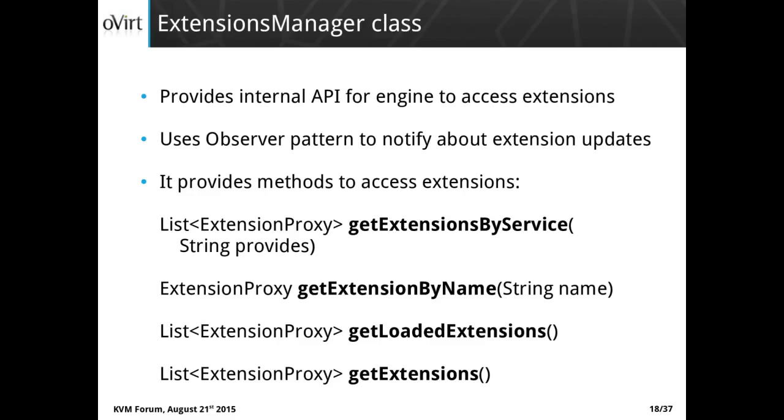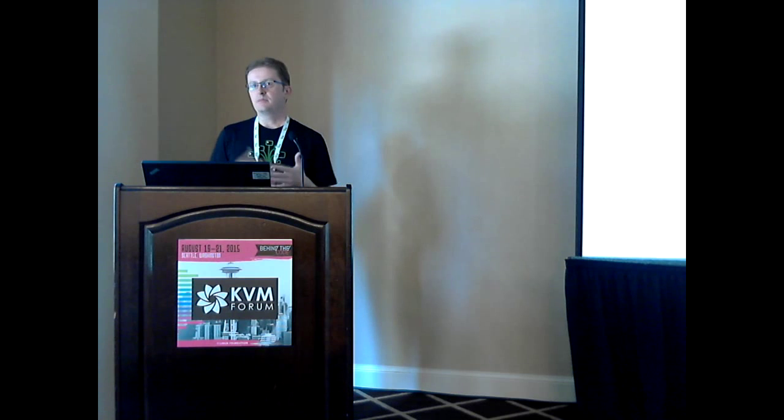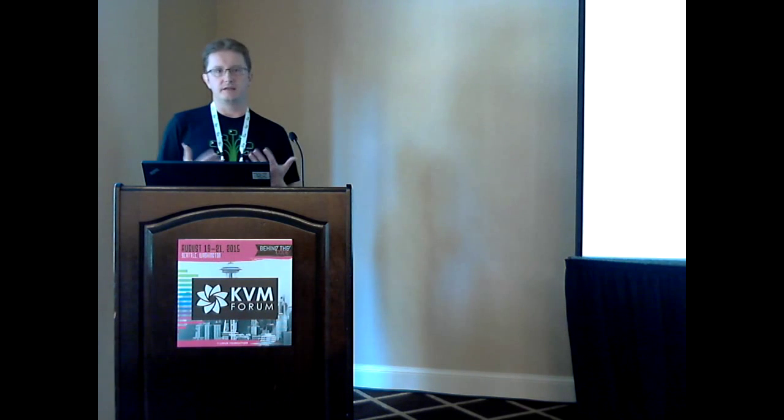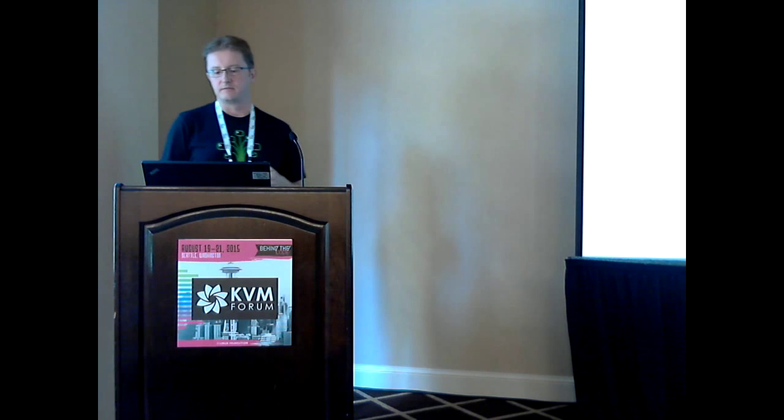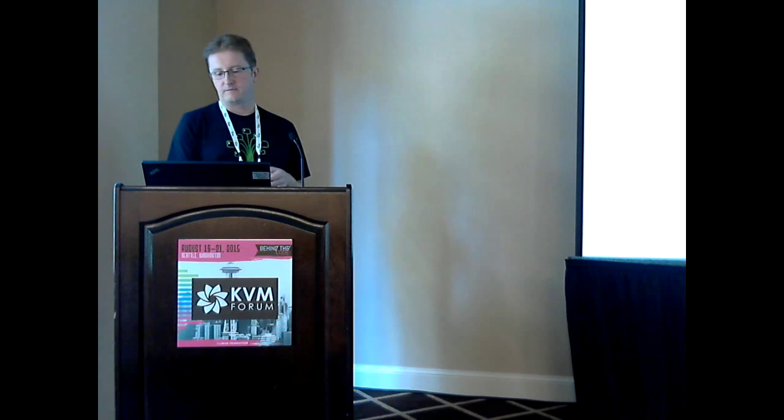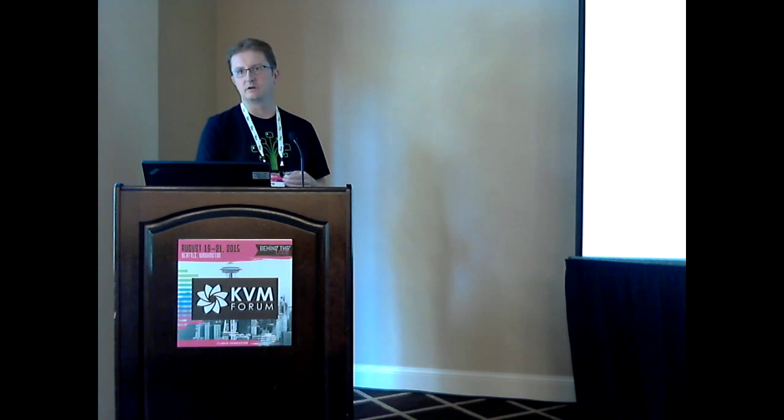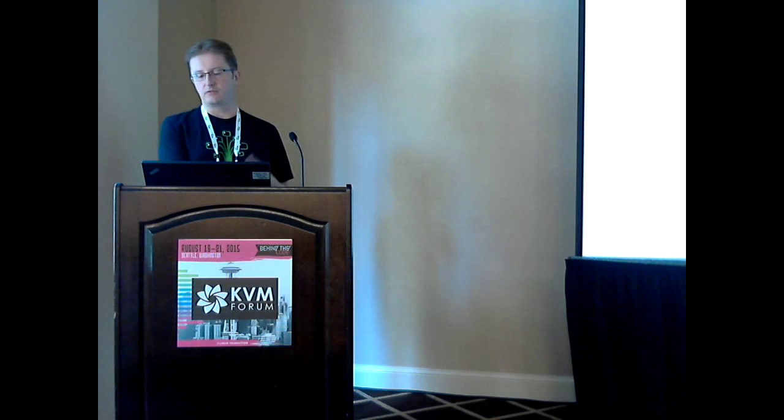To get access to the successfully initialized extensions in the engine, we have the extension manager class, which is somehow the API for the engine to get the extensions and work with them. We have four, I would say, important methods.